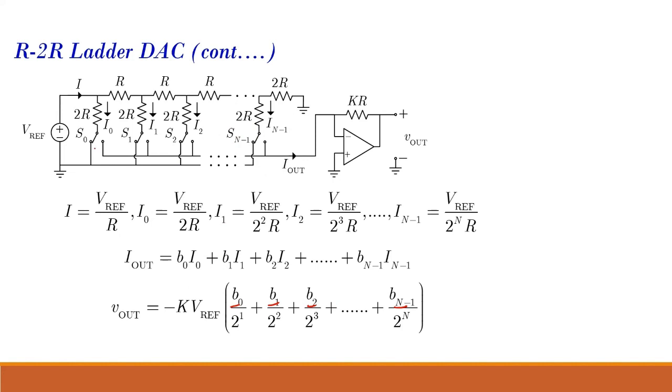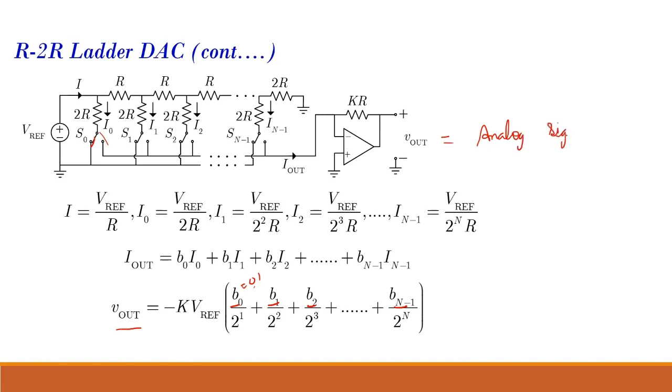When S0 is 0, S0 is connected to ground, then B0 is 0. If it is connected over here, then B0 is 1. You can apply Thevenin's theorem as well as the superposition theorem, and you will get this expression. Based on which bit is set, you will get the output voltage, and the output voltage is an analog signal.